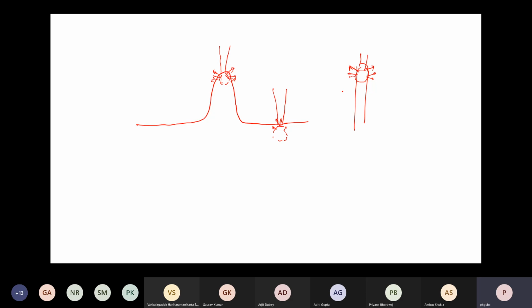So the more secondary electrons come out, the brighter the portion looks. That is obvious, right? Because you are basically detecting those secondary electrons and creating the image. So from here, more secondary electrons will come out compared to this portion.